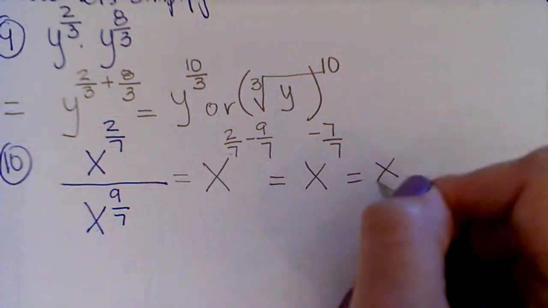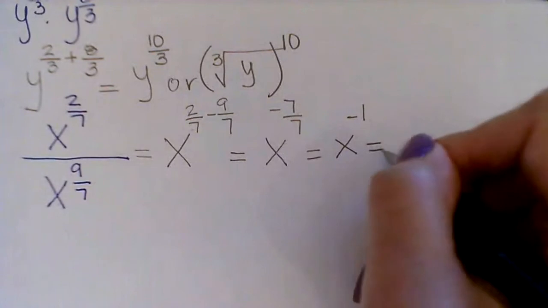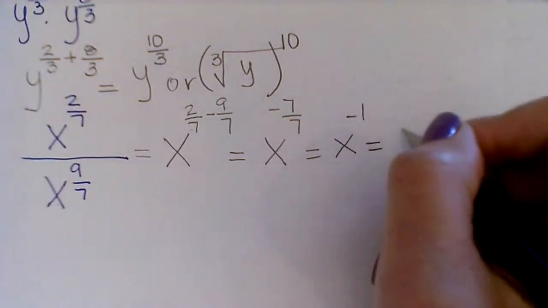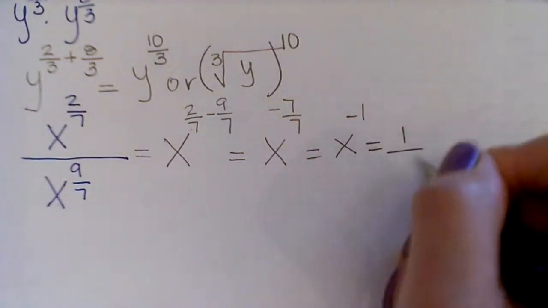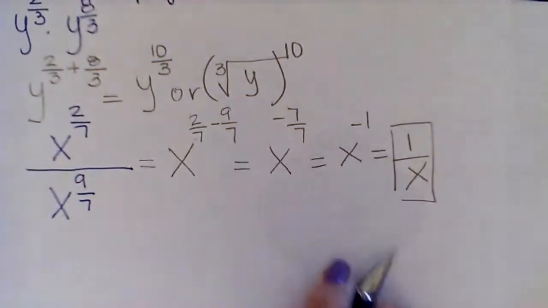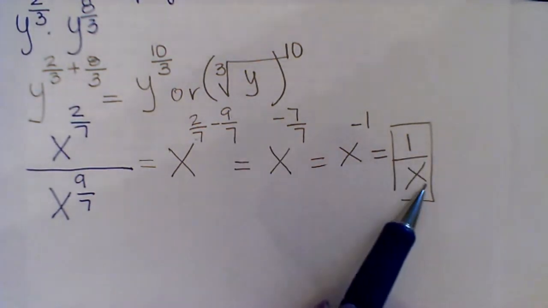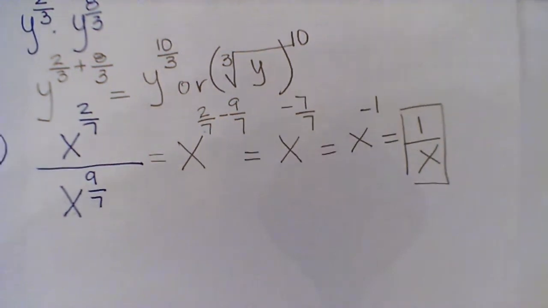So this is equal to x to the negative 1. And because we don't want to work with negative exponents, what do we do? x to the negative 1 is equal to 1 over x. So at the end, we don't want to have the negative, so that's why we write 1 over x.